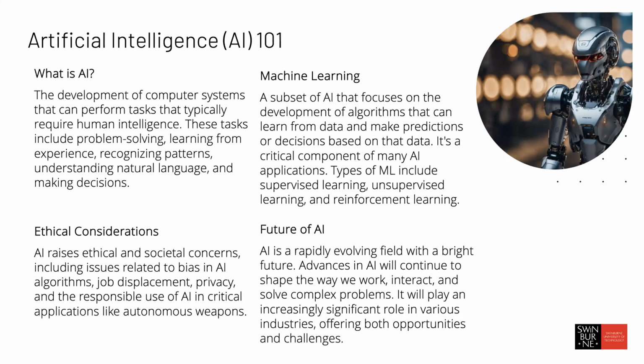One way is that we are aware about those ethical concerns, and on the other side, we really want to improve the AI algorithms and trying to improve those processes and make them really usable. So I guess that's pretty much about the artificial intelligence 101.